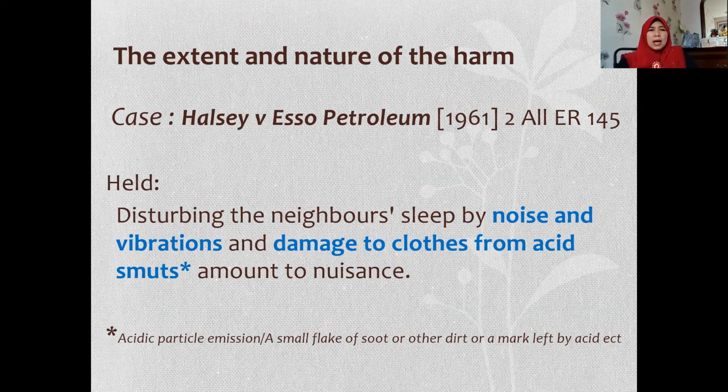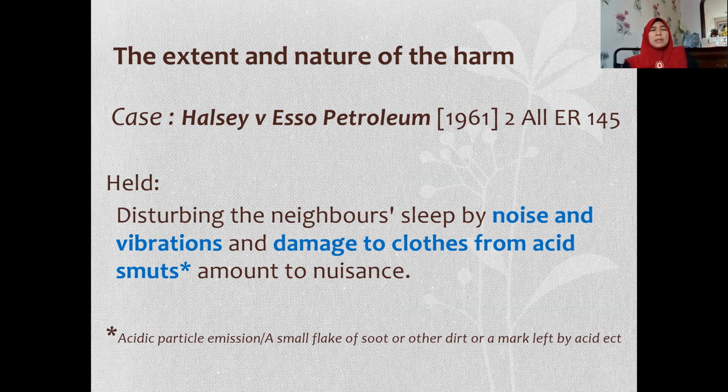Okay, another case is Halsey and Esso Petroleum, 1961, also common law, reported in all England reports here. It was held that the nature of the interference here is noise and vibration, and then damage to clothes from acid smuts. So it's noise, vibration, and then acid smuts.